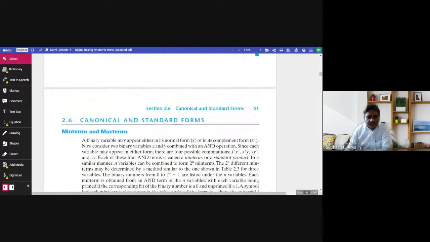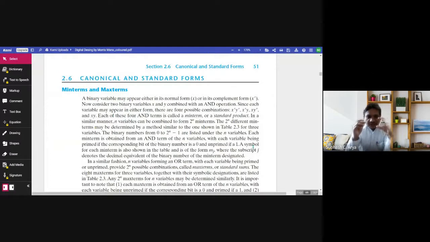In the previous class, we were discussing canonical and standard form, basically minterms and maxterms. We came to know that minterms are formed with the help of binary variables, available in complement form or in normal form, with AND operations.